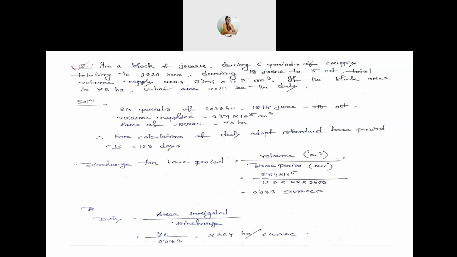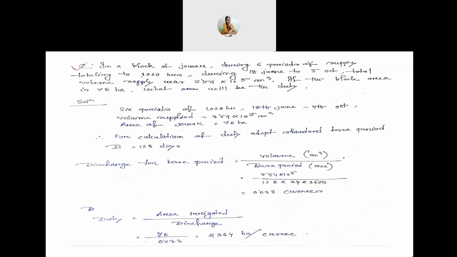So in this question, we have to find out the duty of the crop named jowar, whose period is given as 6, time is given as 120 hours, and the duration of growing of the jowar crop is 18 June to 5th October. The total volume given is 3.54 into 10 to the power 5 meter cube, and the block area is given as 78 hectares. So now we have to find out duty.